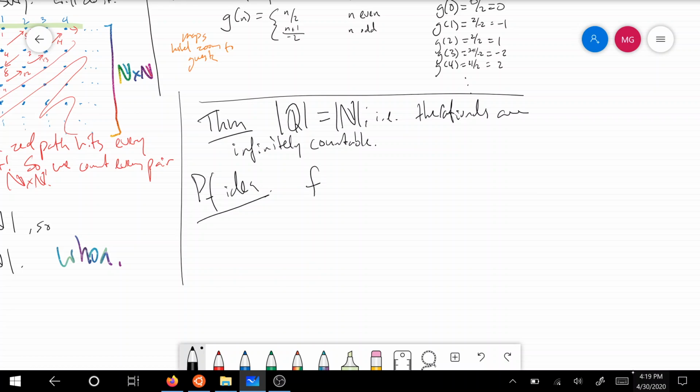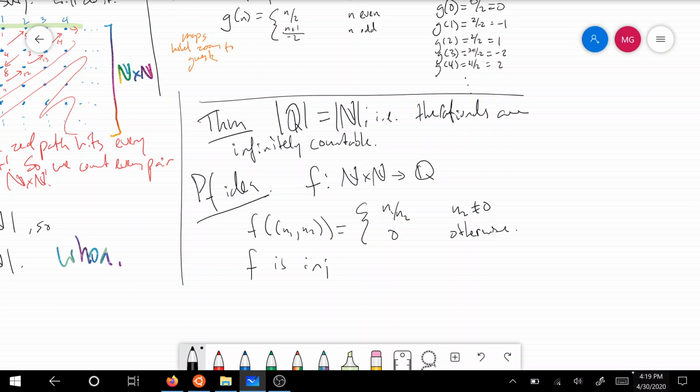Here's a function f from n times n to q. f of n1, n2 equals n1 over n2 when n2 is not equal to 0, and 0 otherwise. Okay? f is injective.